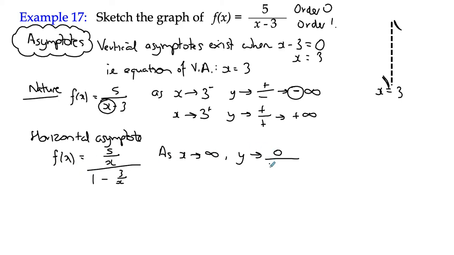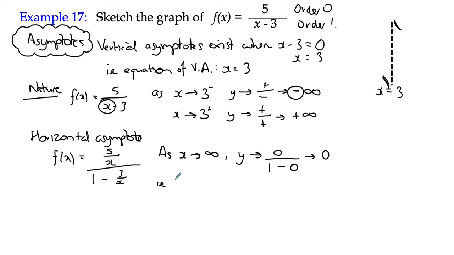And then we've got a 1 here, and 3 over x is also going to tend towards 0. So we end up with the y value tending towards 0 divided by 1, which is 0, which means that the equation of our horizontal asymptote is y equals 0.